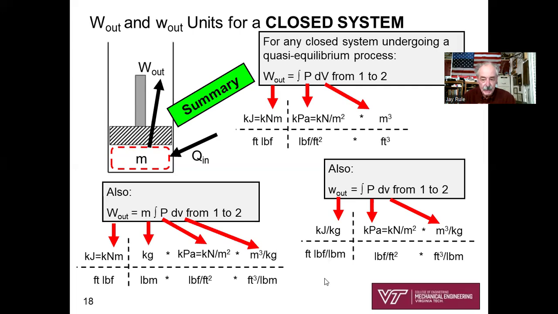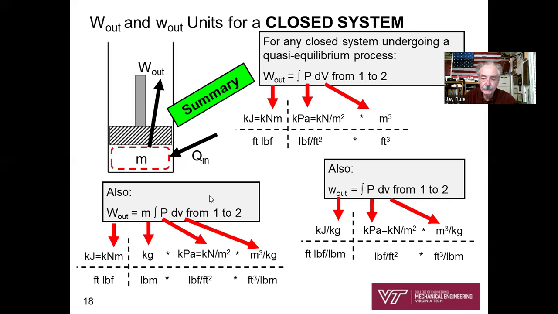And so here's the summary of the 3 slides we just covered, having to do with closed systems, trying to find the work for a closed system undergoing a quasi-equilibrium process. Depending on the type of problem, you may be asked for W out. Two situations: one where you're working with changes in volume, capital V, or you may be working with changes in specific volume, little v.